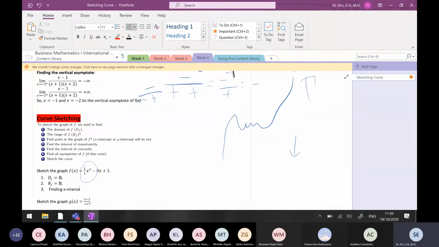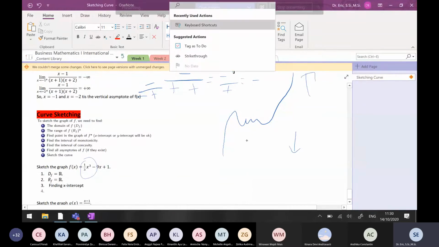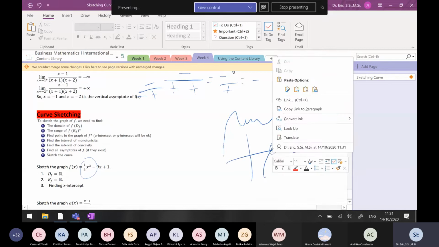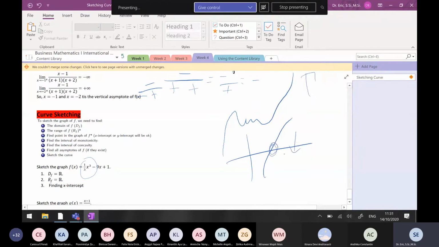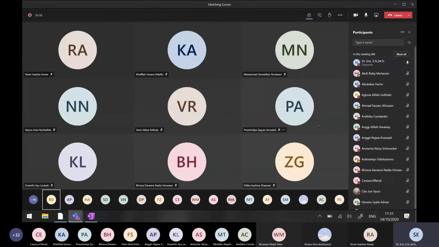X-intercept. So what do you have to do? Okay, this is the x-intercept. When this happens, do you know what the height is here?